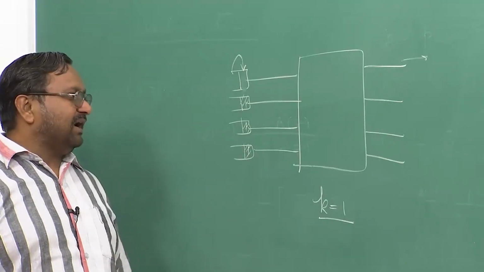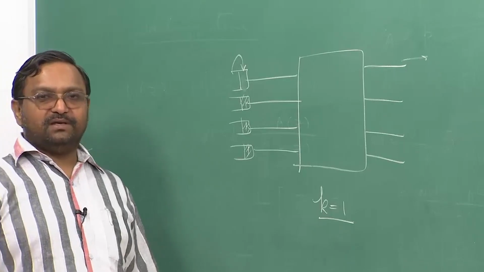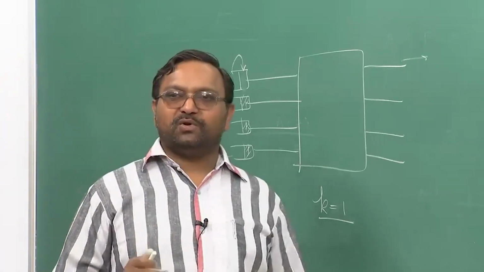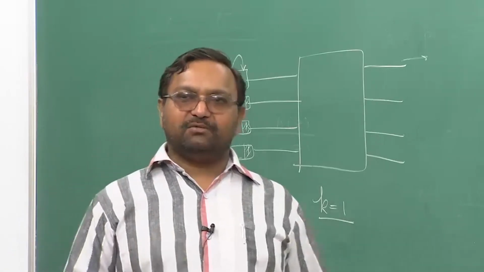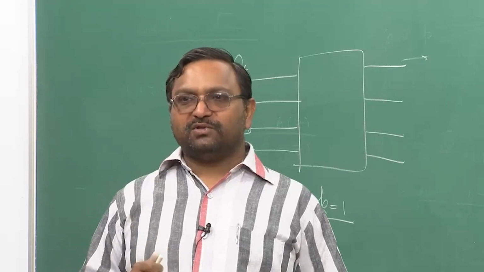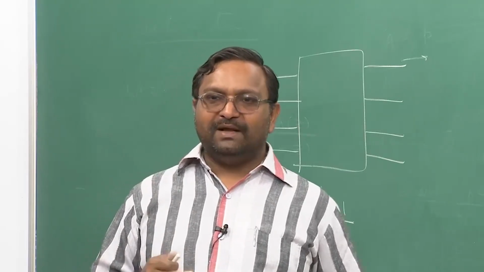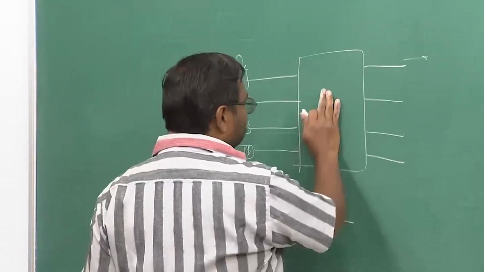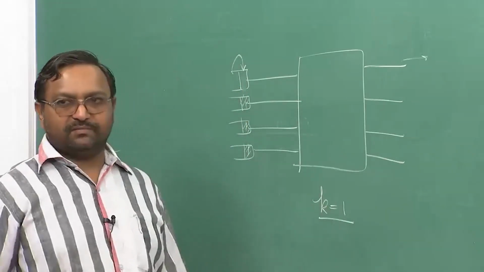Now, let us try to analyze this particular switch. So, the first question is, what is the maximum possible throughput which I can get in this particular switch? When is this going to happen? This will happen when I operate this switch in saturation.